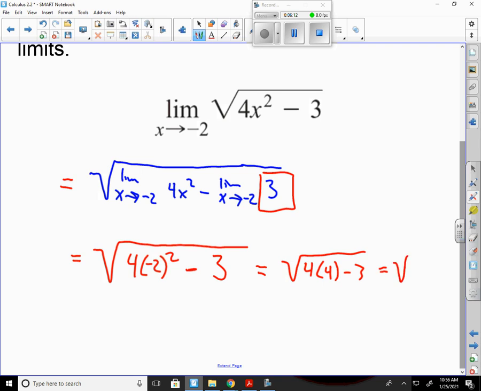It gives me the square root of 13. And that's all there is. I don't want you to break this down into some decimal form. Just leave it as the square root of 13. It's best to be seen that way.